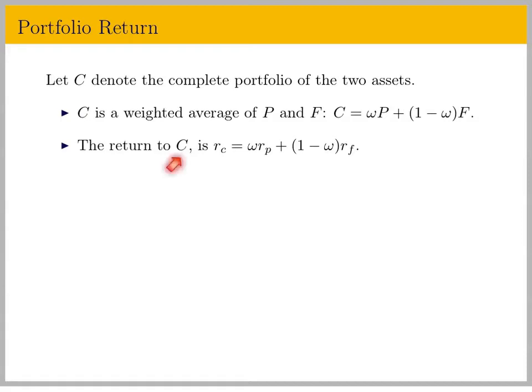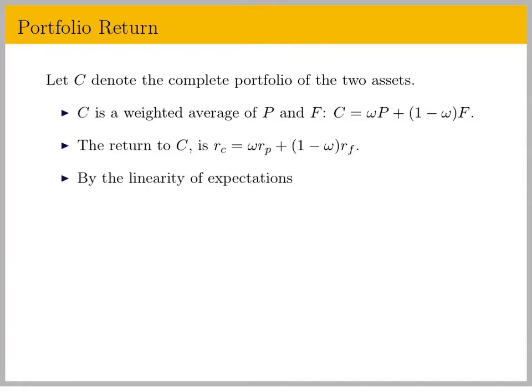The return to C, the return to the whole portfolio, is simply the return to portfolio P weighted by omega plus the return to portfolio F weighted by 1 minus omega. So it's simply a weighted average of the two returns that the investor has put his or her money into.